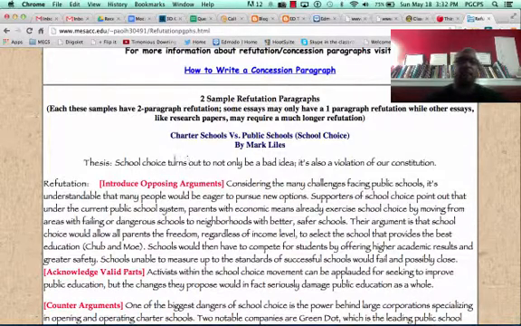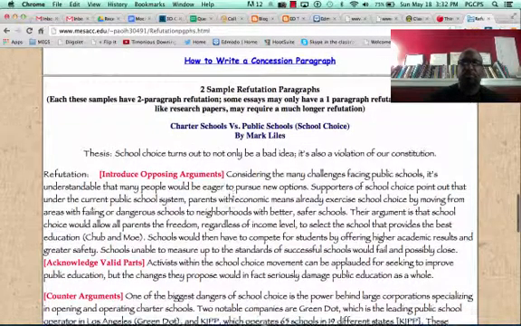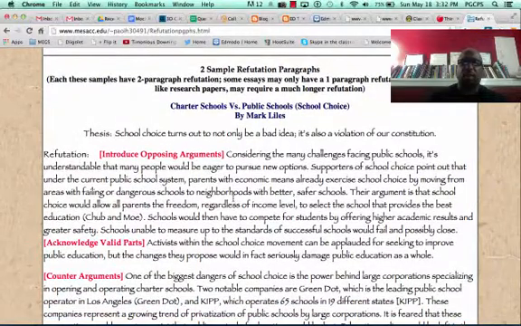All right, so let's look at this in an example. This paragraph here, their thesis is about charter schools versus public schools. Their thesis is that school choice turns out to not only be a bad idea, but it's a violation of our Constitution. So in this part of the paper, we're going to oppose it. Let's see how they do that here. It says, "Considering the many challenges facing public schools, it's understandable that many people will be eager to pursue new options.